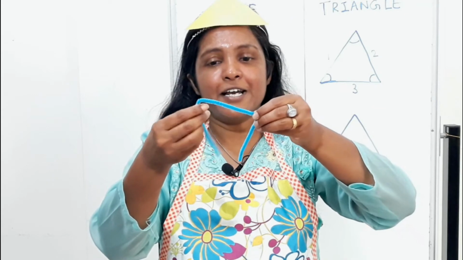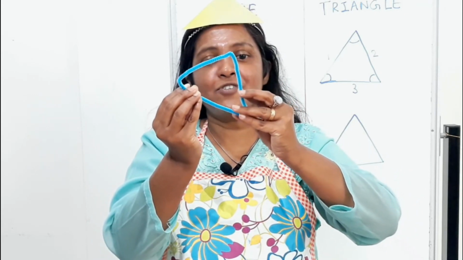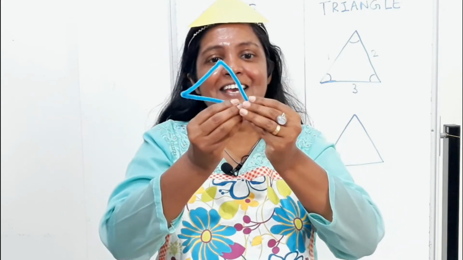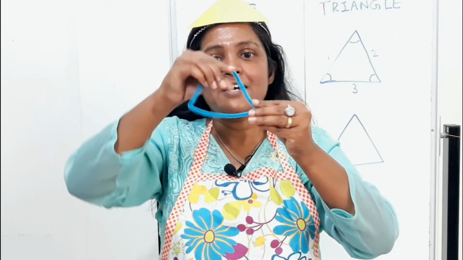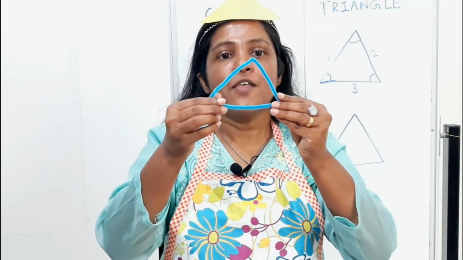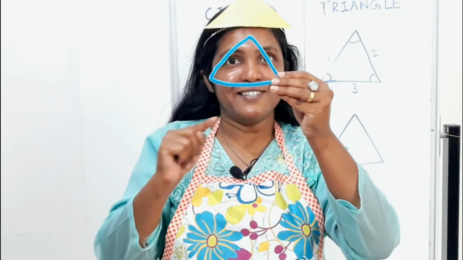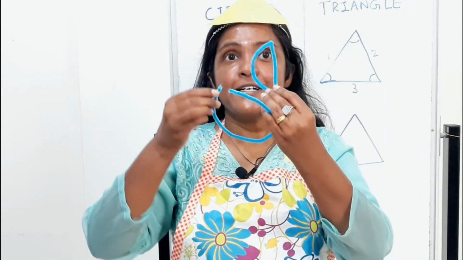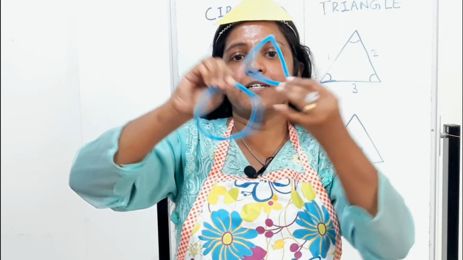And again bend. And see the triangle? Alright? Yes, now it's perfect. See, there are three sides, three corners. This is triangle and this is your circle.